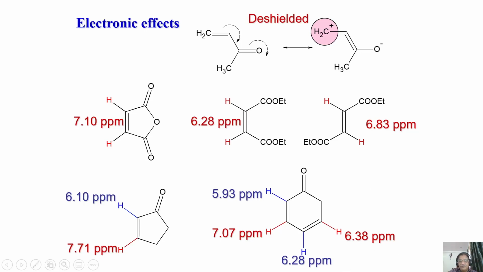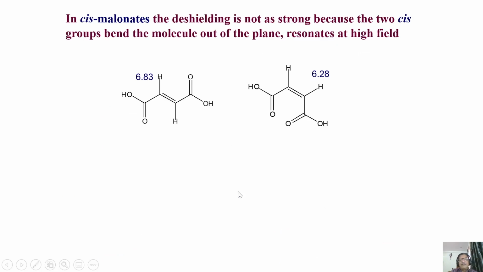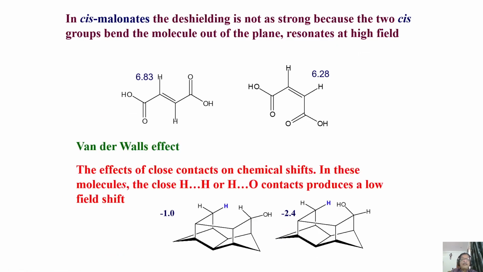Just by substitution of C=O to a group in this, all the four protons are, this is a little bit high field, whereas this comes a little bit out, especially these two are marked, which are meta, this is more downfield compared to this one. So these are the electronic effects, and this is a classic example in cis malonates.